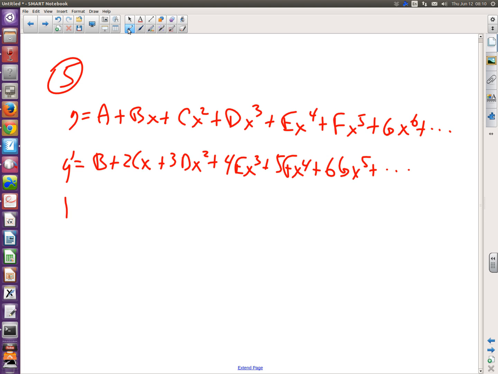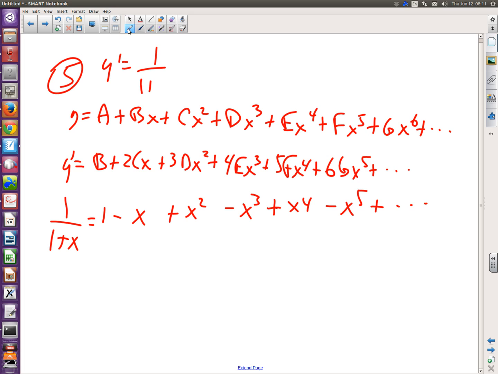And 1 over 1 plus x is like you just told me. And we're solving y prime equals 1 over 1 plus x, and they give you an initial condition that y of 0 is 1. All right, so if y of 0 is 1, what do you know already?